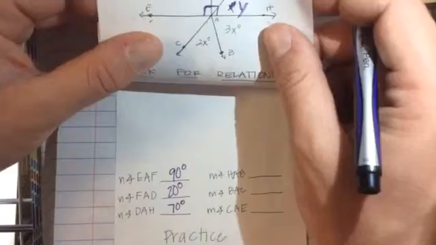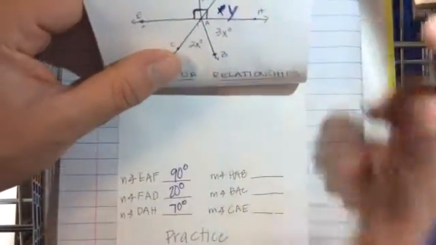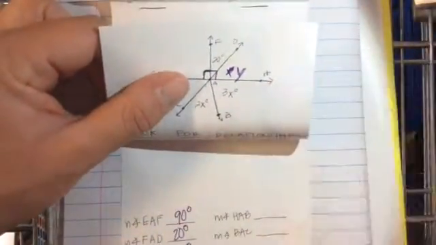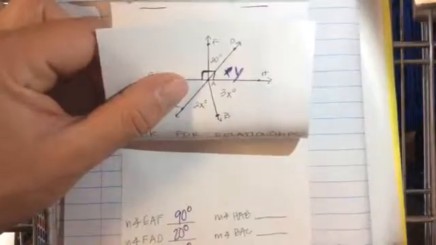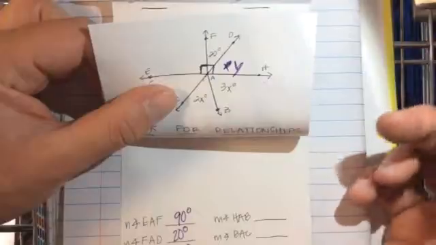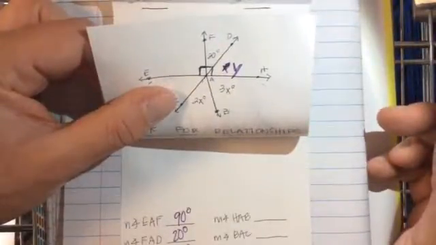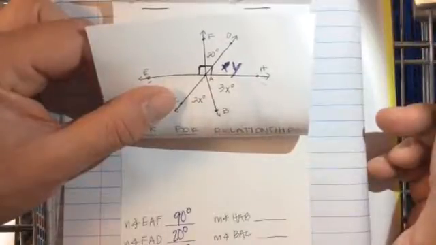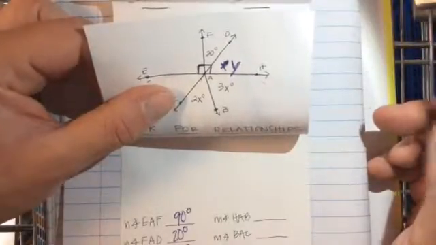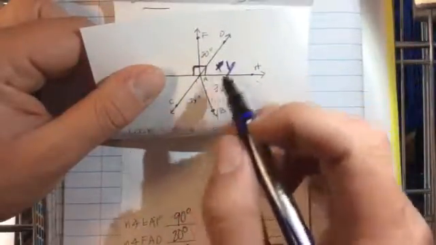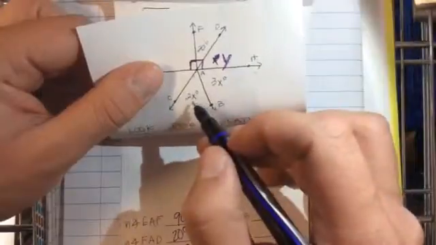So now we need to find HAB. HAB is 3x. We do not know x. They're not vertical angles. So what kind of relationships can we use? We can use supplementary, so that means we have a straight line here, right? CD is a straight line. Supplementary has y, 3x, and 2x.